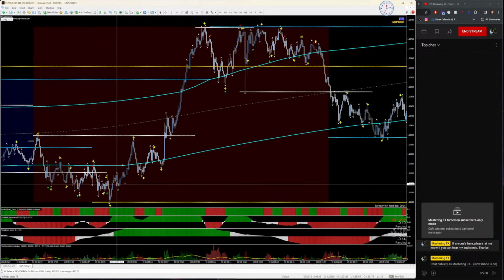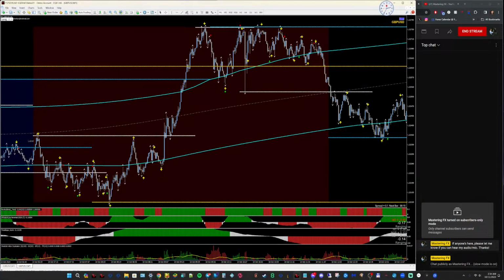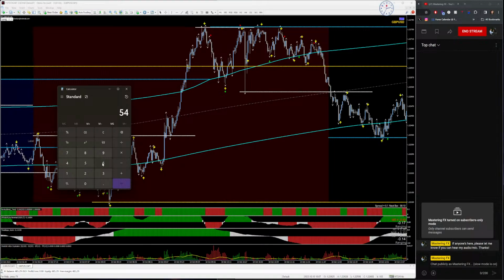Where was it? Here. 54. So 54 pips divided by 6.9. So that would be a 1, 2, 7, and then we have 3% on the other half.